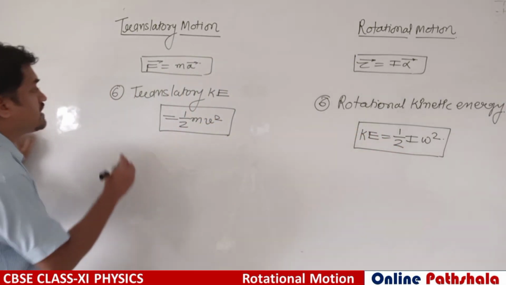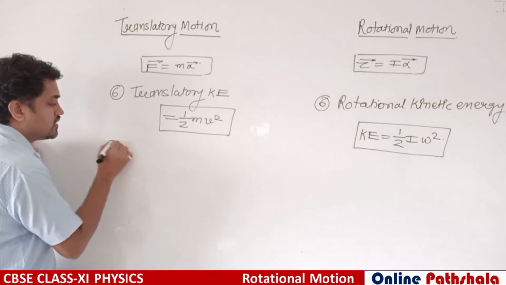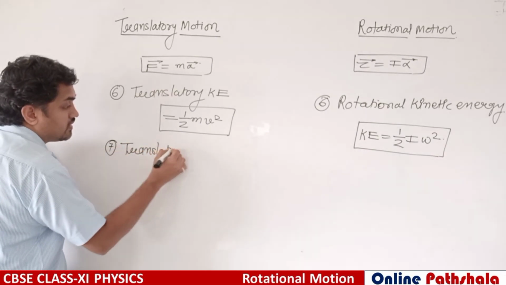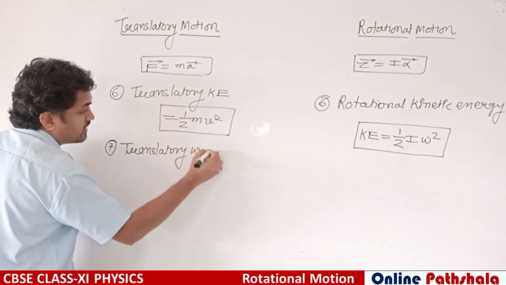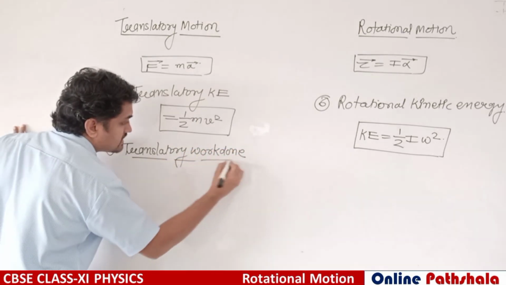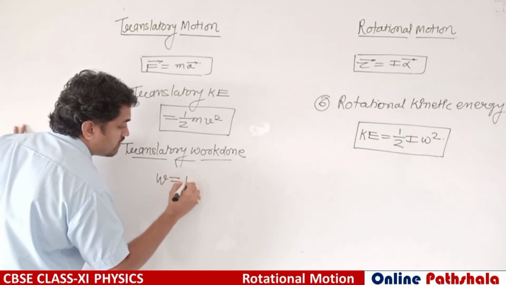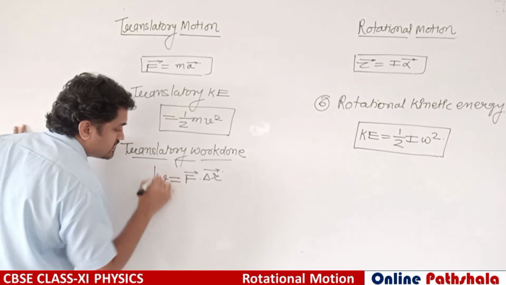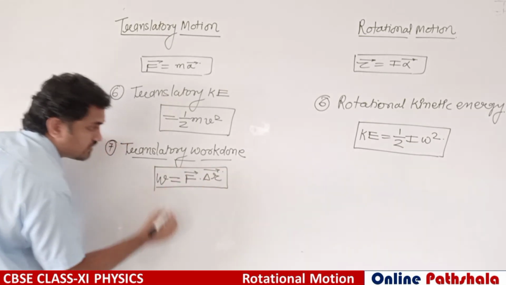Now, if we talk about the work done, the translatory work done W is equal to F dot delta R. It is the formula for the translatory work done.